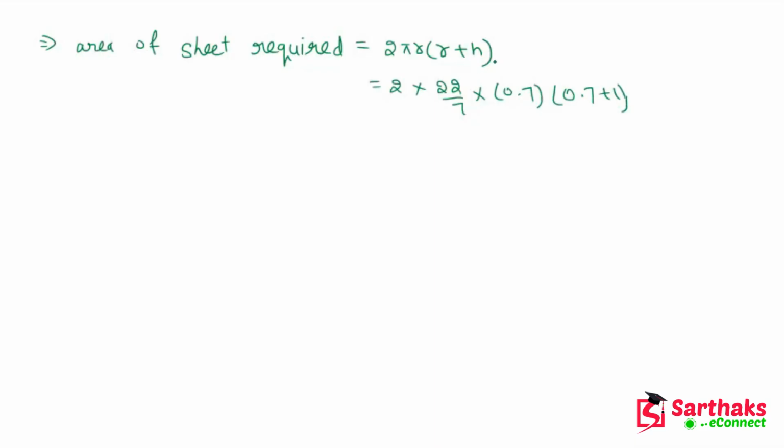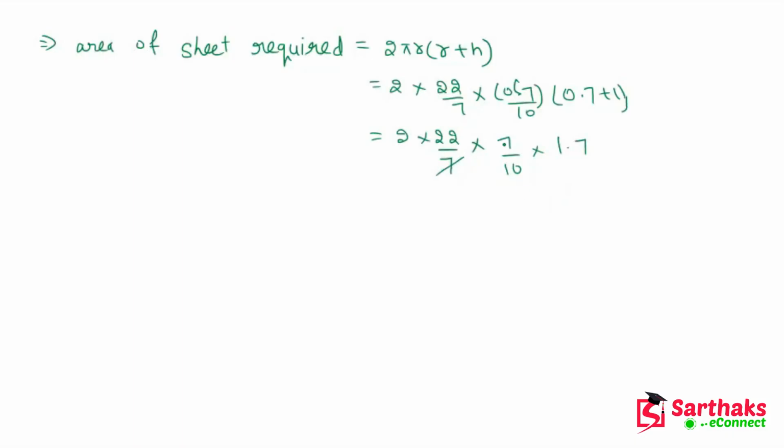Here h is 1. So this is 2 into 22 upon 7 into, if we remove the point we get 10 in the denominator, so this is 7 upon 10, into 1.7.